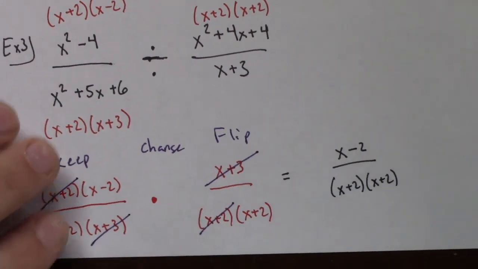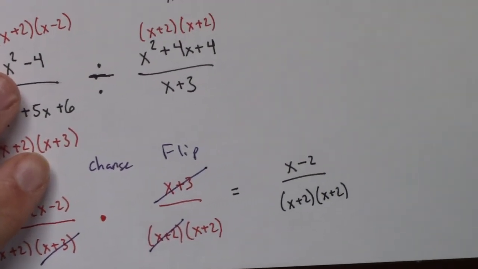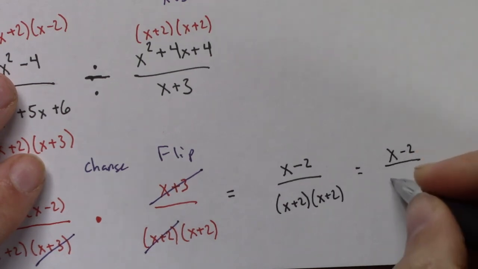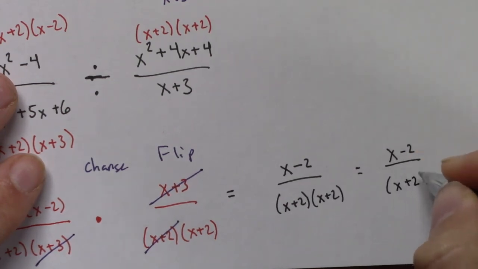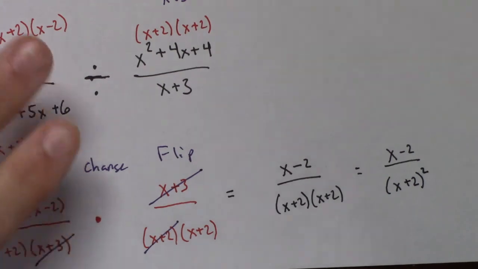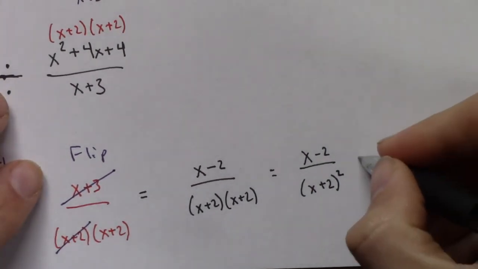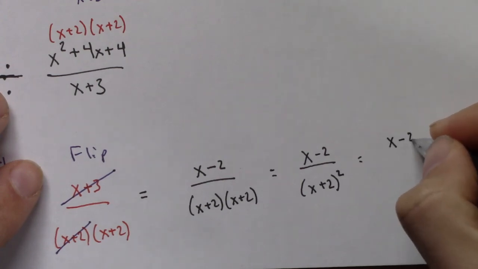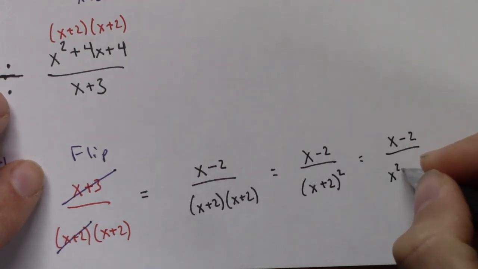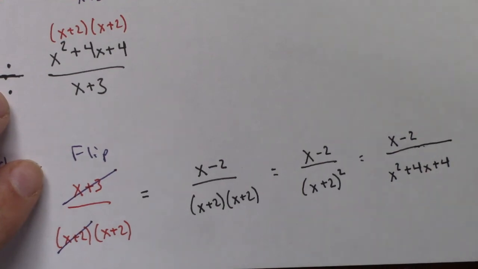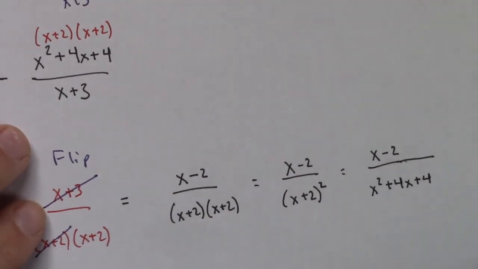So if you wanted to, you could group that denominator together and write it as x minus 2 and x plus 2 squared. That would be okay. Just to hint at typing it out as well, if you multiplied that out, you could also have x squared plus 4x plus 4. All of those are equivalent answers.